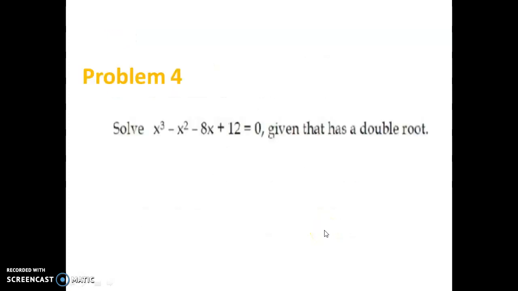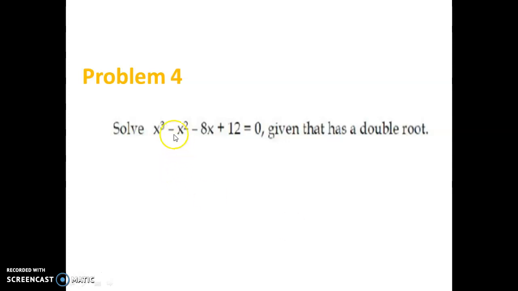Now let us discuss one problem that can be done by using the result or the theorem that we have discussed.